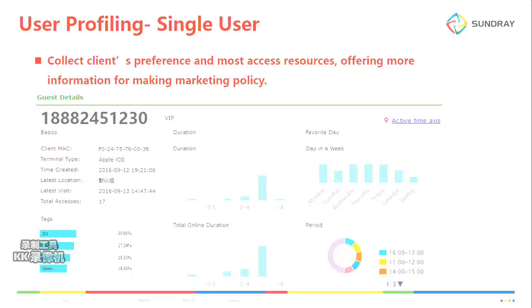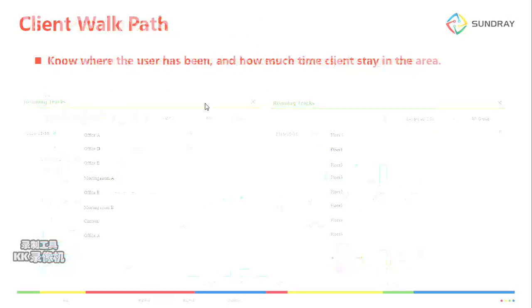Also, you can see here the active time access. The time access is shown based on the access point. We give a nickname to each access point, like Office A to Office D. So the user is moving from Office A at 11:28, and at 10:10 he moves to Office B. So we can see the working paths of the single user.